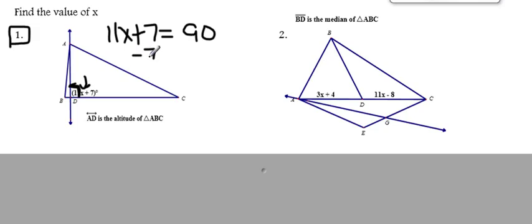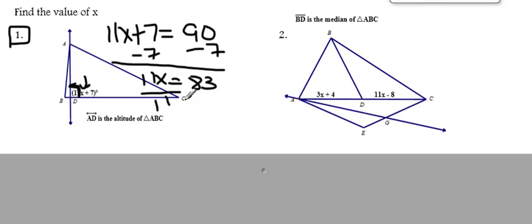So my first step will be to subtract 7 from both sides, and I'll get 11x equals 83. I'm going to divide by 11 on both sides, and in your calculators, 83 divided by 11 is going to give us a decimal, so we're just going to round to the nearest tenths place. It's going to give us 7.5454 repeating. So we're just going to make that 7.5.